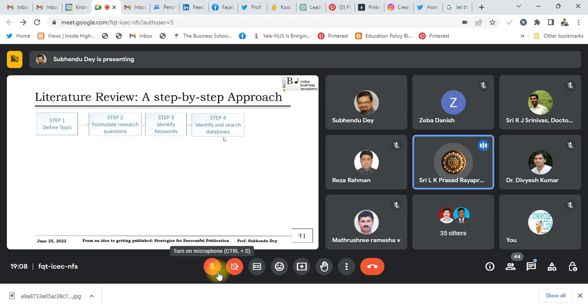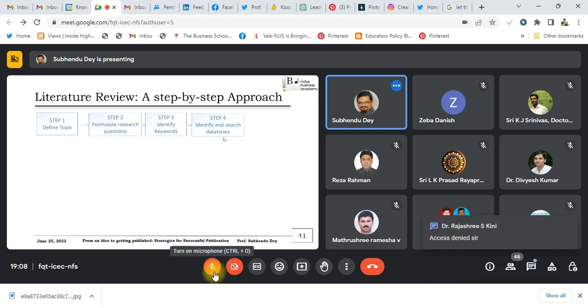It says permission is required. You need access to get this file. Oh, one second. Just give me a second. Yeah, I've given free access, so you can have a look at it.